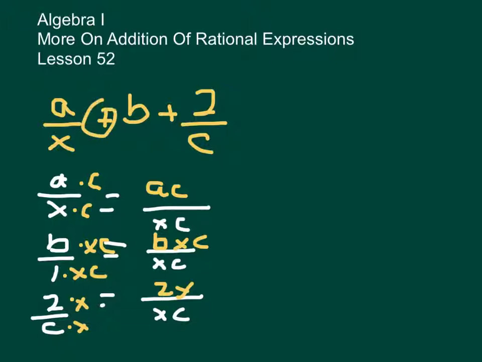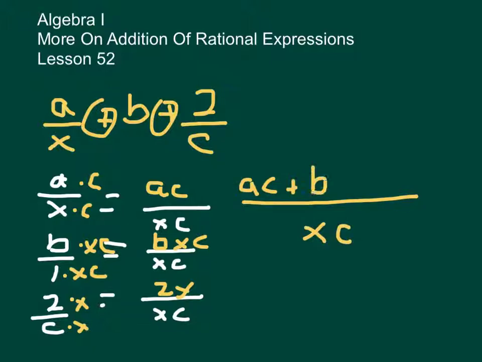We're adding all these together, so my answer is over the common denominator of xc: ac plus bxc plus 2x. And I'm done because nothing in the numerator are like terms. And that's what we've done so far with addition of rational expressions.